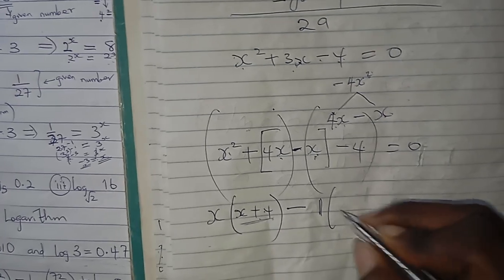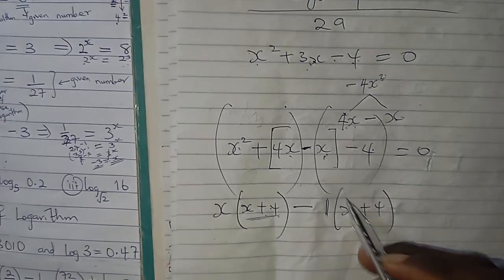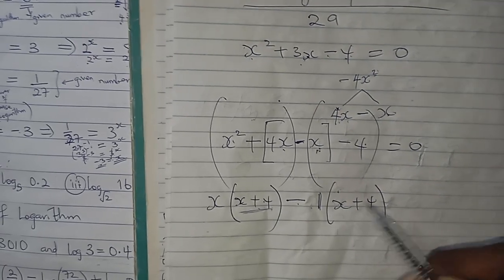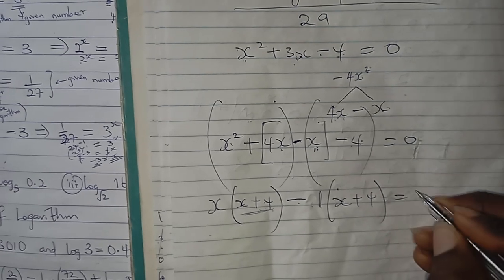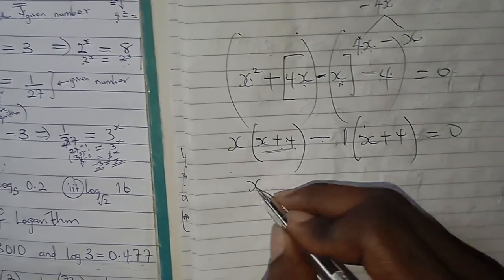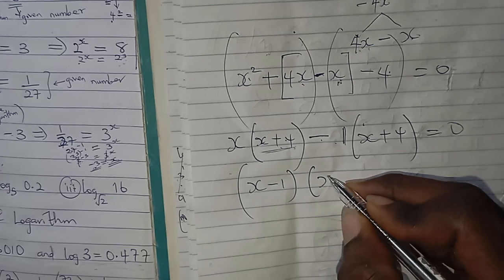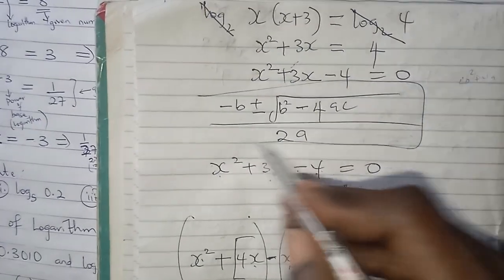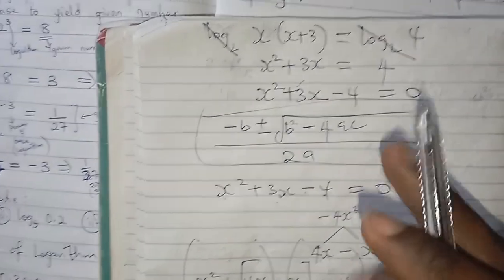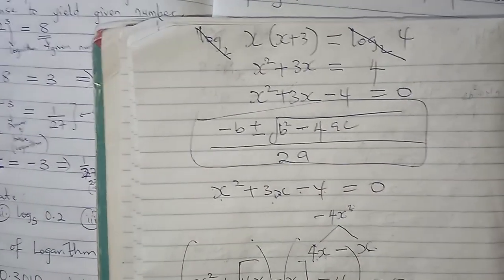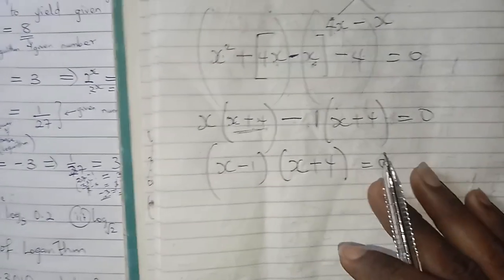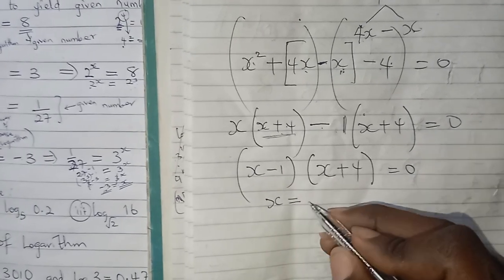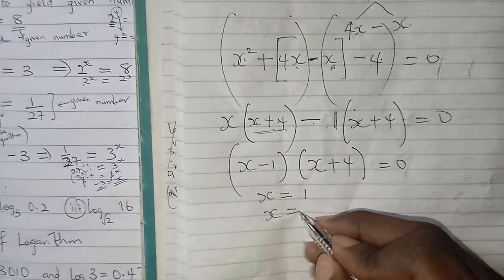Just come and replace what you have here as well. Because minus 1 times x is minus x, minus 1 times 4 is minus 4, equals 0. So I have x minus 1 and x plus 4 equals 0. This formula is the formula method, but I don't want to use it. I just want us to use factorization. So we'll see that this is the same as saying x equals 1 and x equals minus 4.